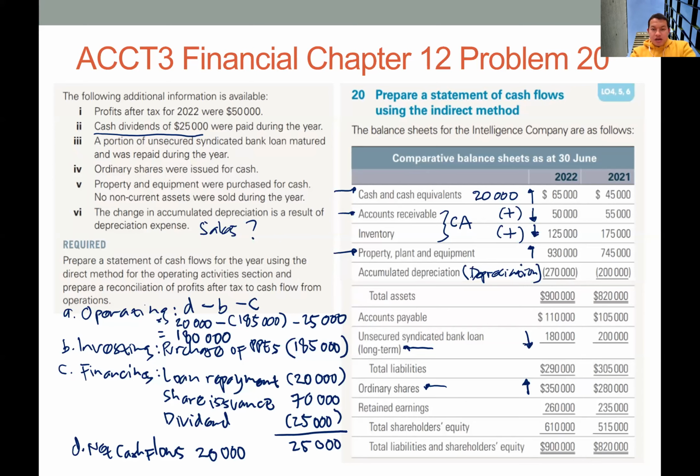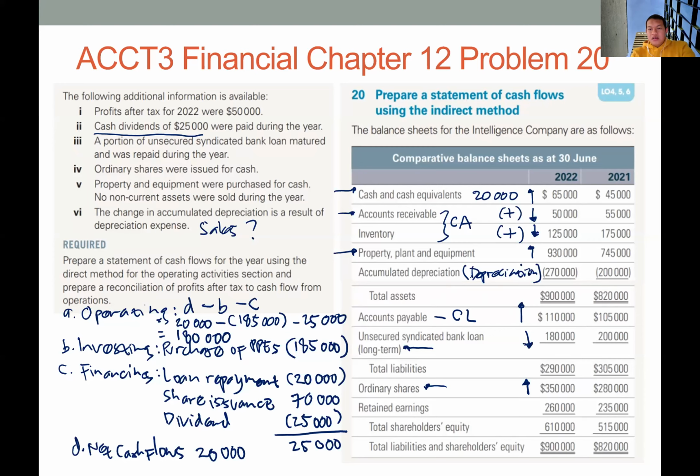Next, let's look at the current liabilities. We only have one current liability, which is the account payable. If we look at the balance, the account payable balance is increasing by 5,000.